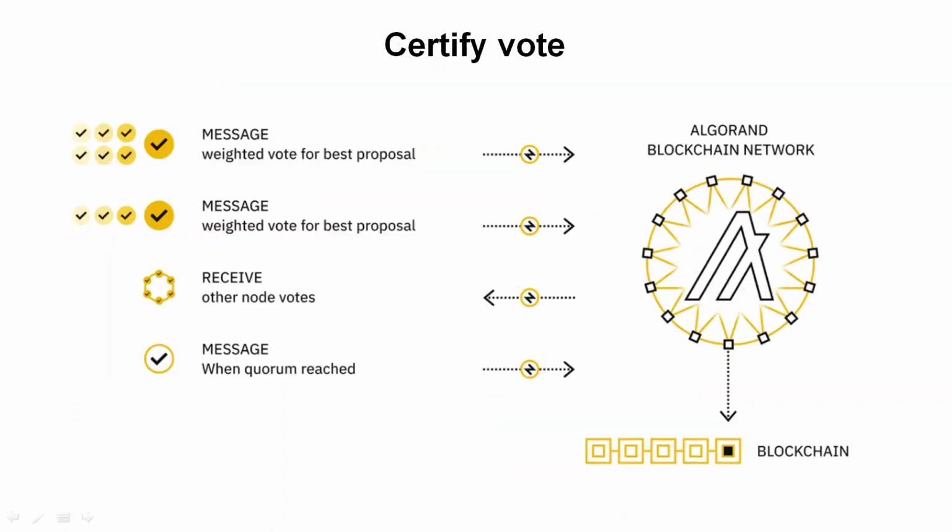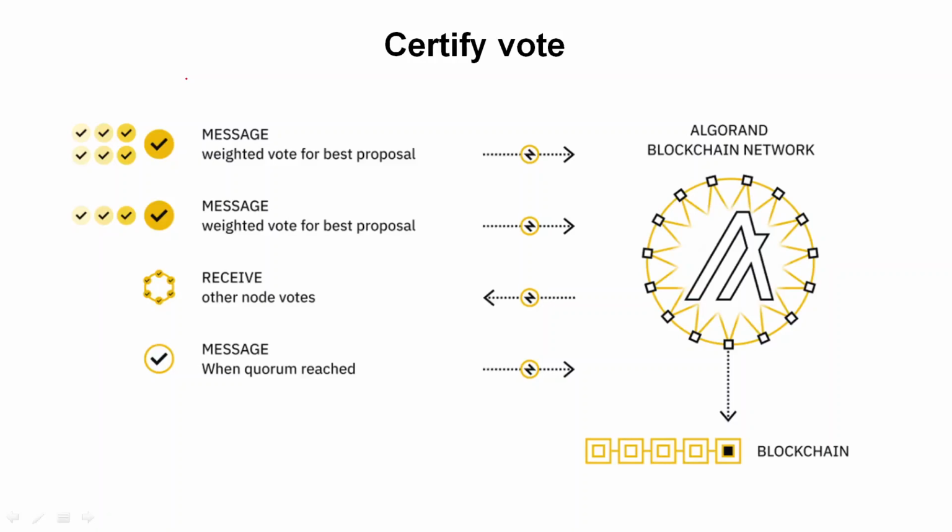The next one is the certify vote phase. There can be some problems that you can encounter in the previous stage, like overspending and double spending. So here the committee is going to check the block proposal. If everything is fine, then it is going to certify the block, in a similar manner to what we have seen in the soft vote mechanism.